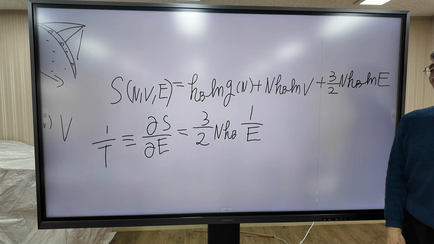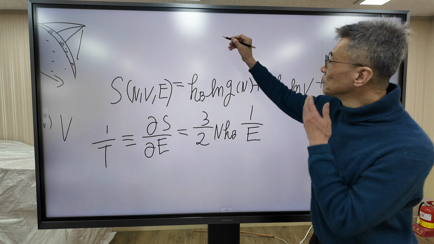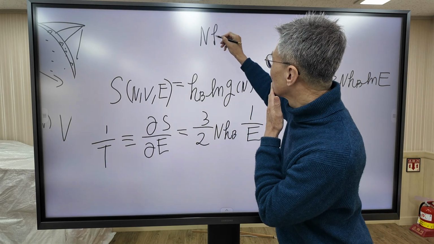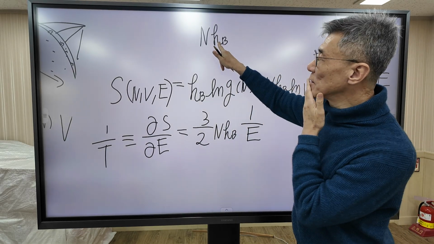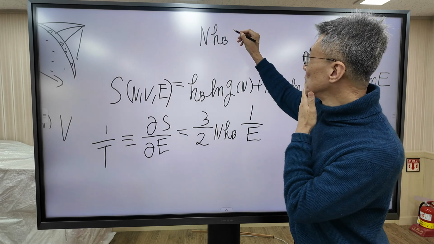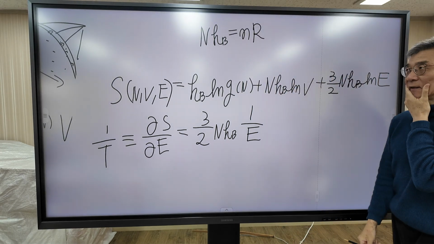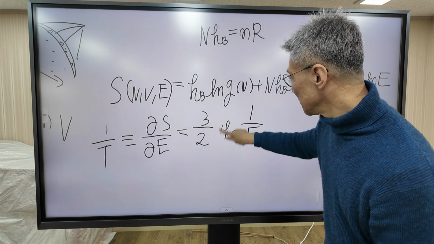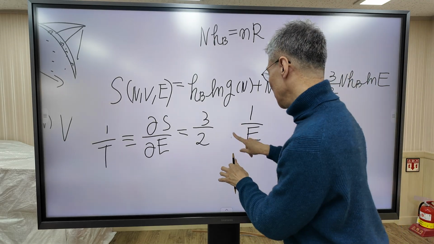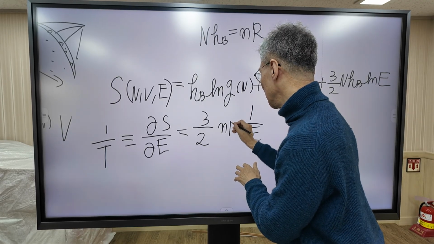1 over E. And N kB, where this is the Boltzmann constant and this is the number of particles, is equal to nR. So this one is equal to nR.